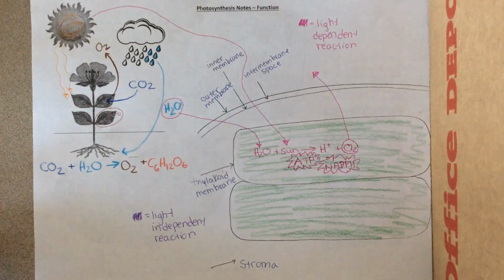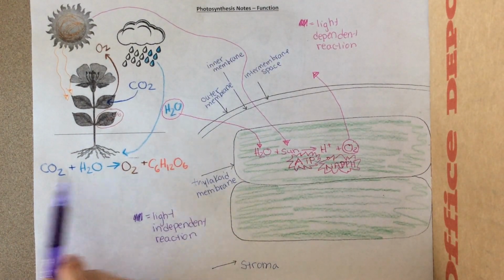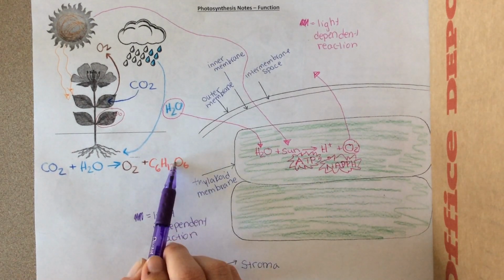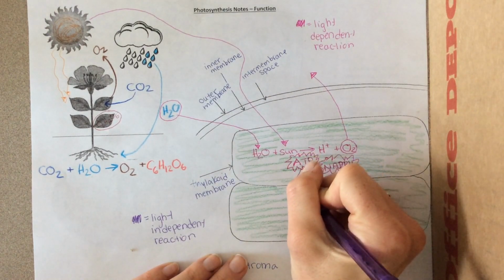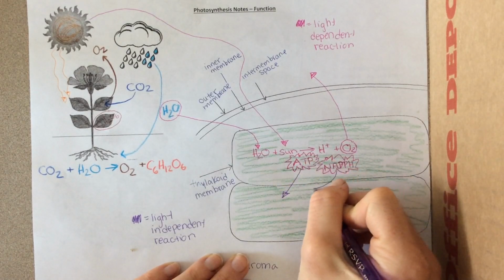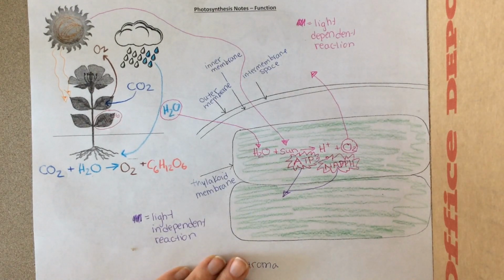So if we take a look here, we've used water and we've made oxygen, but we have not used up carbon dioxide and we haven't made glucose yet. So what happens? ATP and NADPH are used in the light independent reaction.